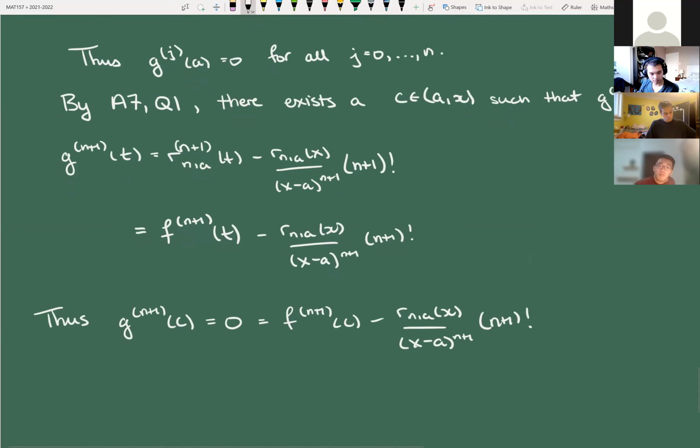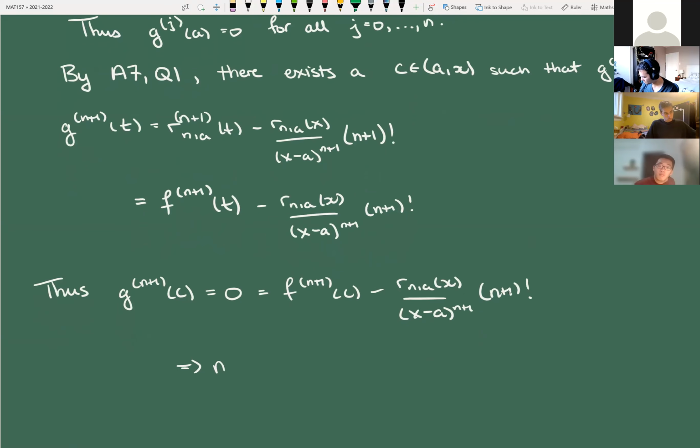If we solve for R_{n,a}, we get exactly what we wanted. Right? Magic. Okay, any questions?